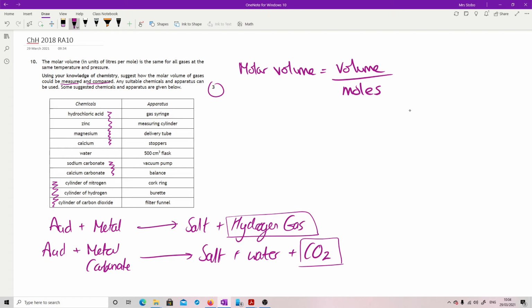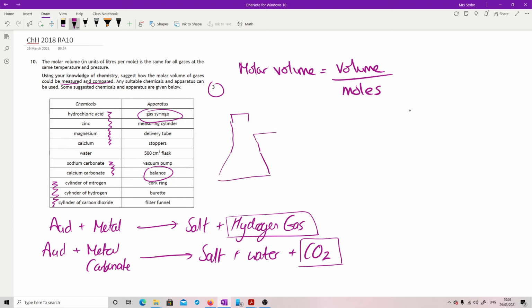Okay, so what I would say is we are going to have to first of all capture it. I would go with a gas syringe. And I would go starting off with using the balance to measure the mass of the gas syringe, plus a delivery tube and a clip. Okay, so the reason would be, say I had this in a conical flask.